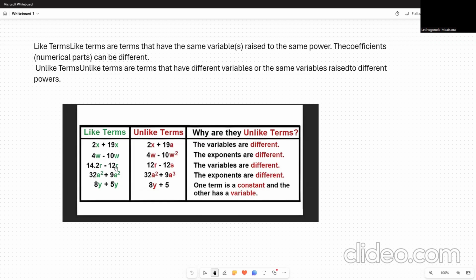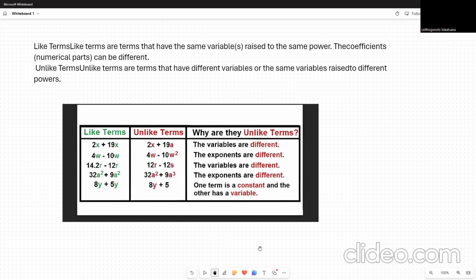Then over here, again, different variables. Here, same variable, but different powers. And then here, the problem is that one is a variable with a coefficient, whereas the other one is just a constant.